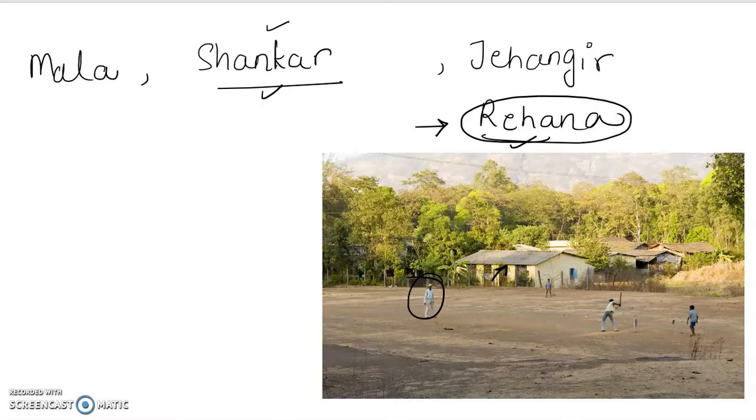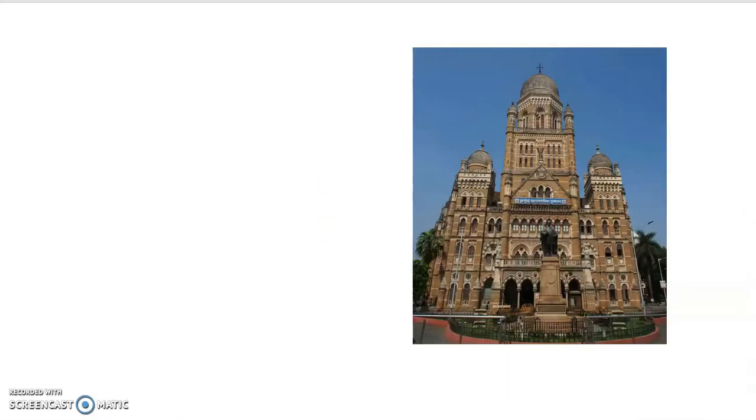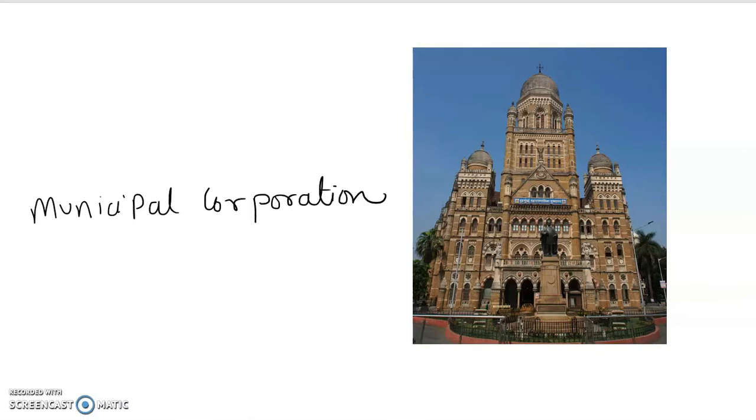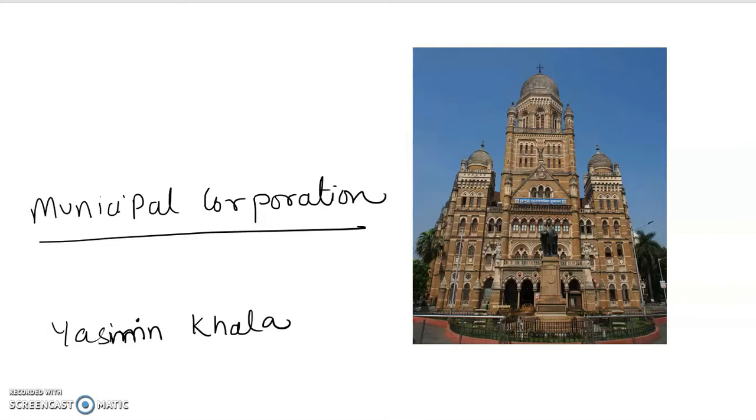So they went there, and Rehana's mother said that I'm not very sure as to how things work, but I do know that there is a body that's called Municipal Corporation that takes care of all this. And in case you need more information about it, you can go and ask my very dear friend, Yasmin Khala. She is going to be very, very happy to help you.